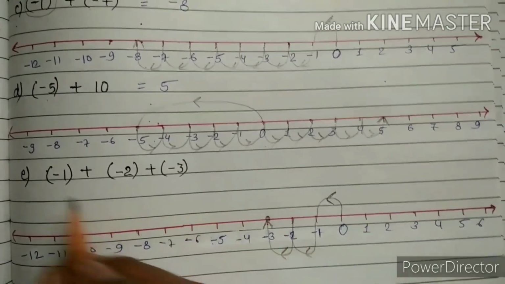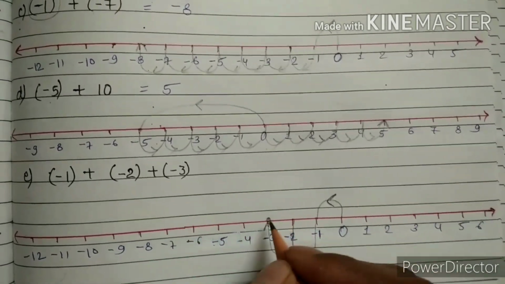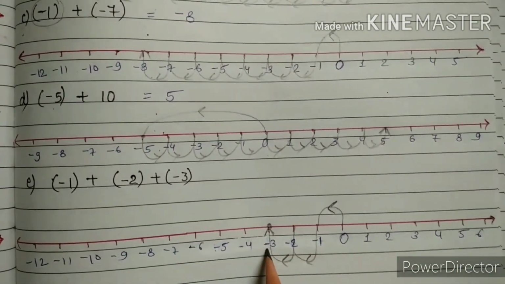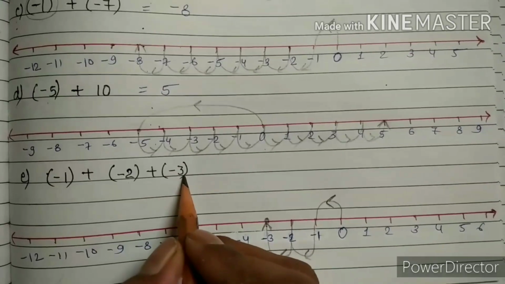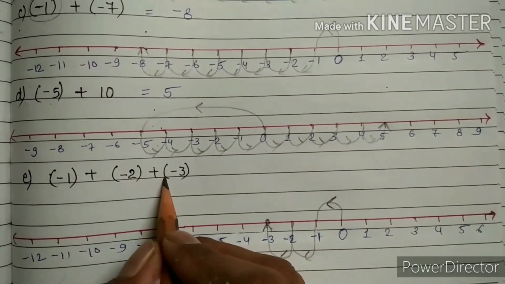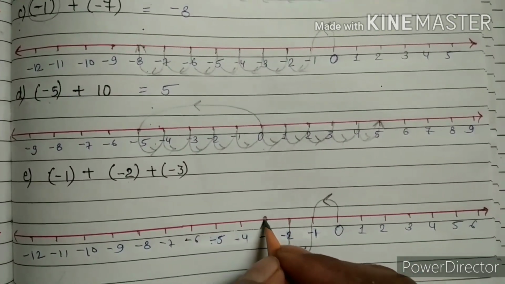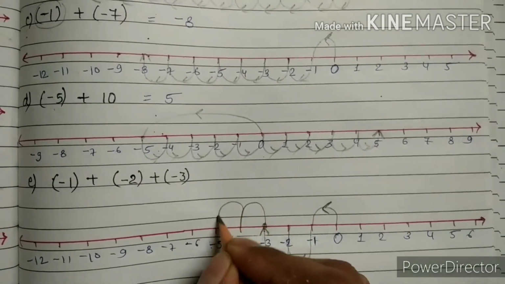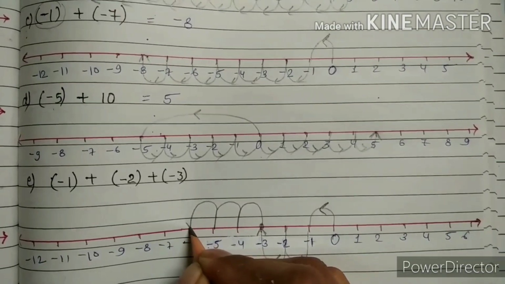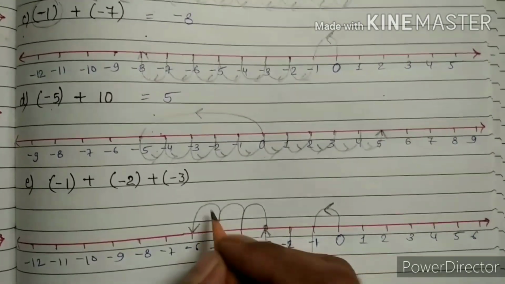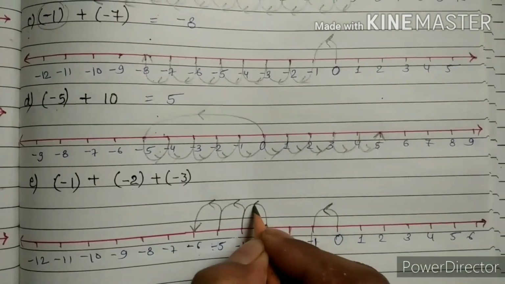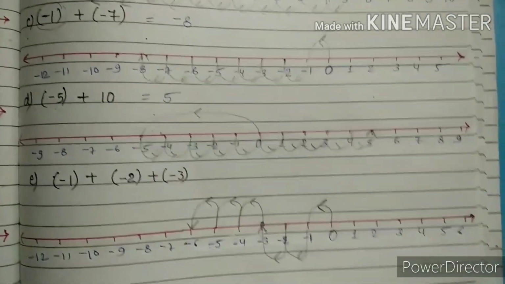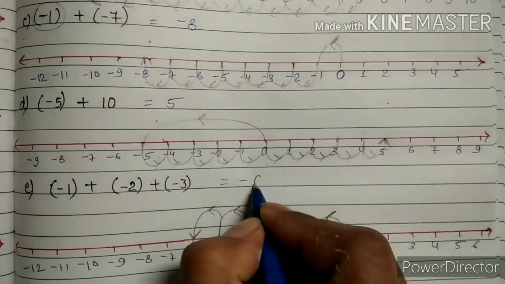This is the answer of first and second. So from negative 3 we have to add negative 3 also. The negative symbol is here. This means we have to go on the left hand side. How many steps? 3 steps. 1, 2 and 3 and we reach negative 6. Left side we go, that's why the left arrow is here and its answer is negative 6.